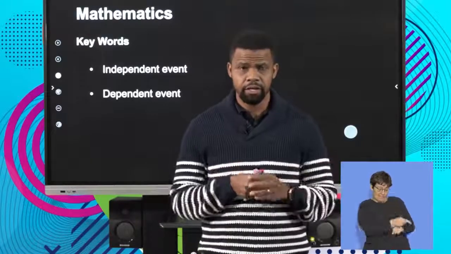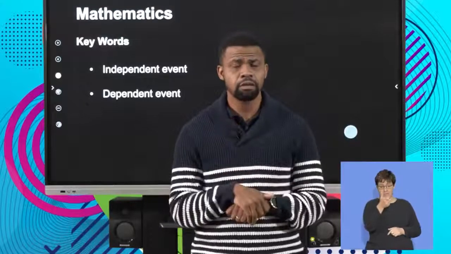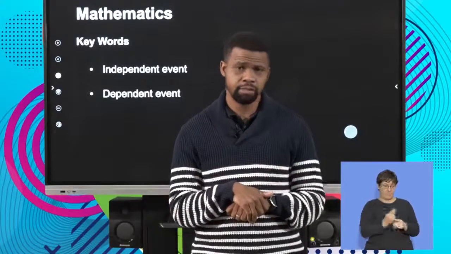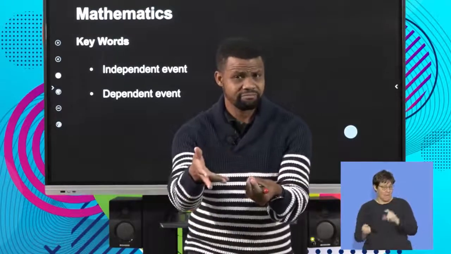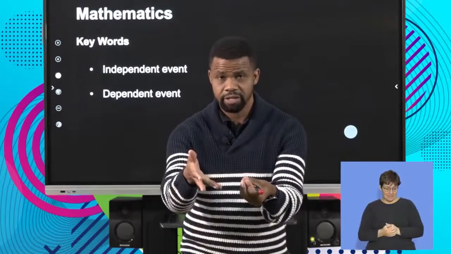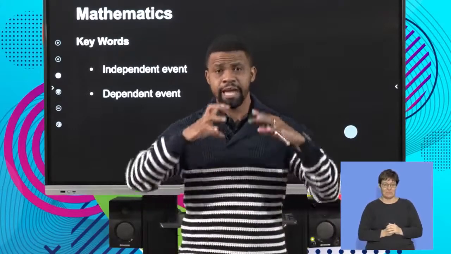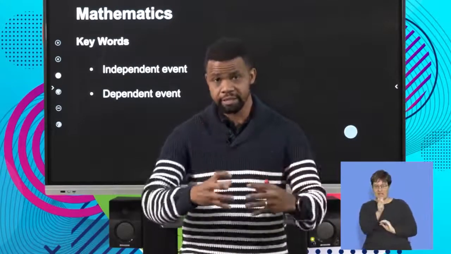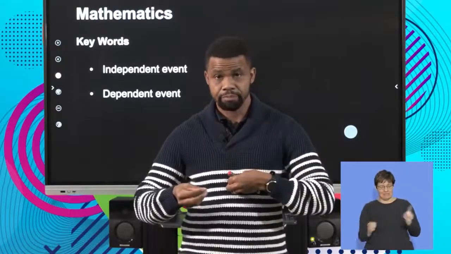Let's look at flipping a coin. If I flip a coin, I get head or tail. Me getting head now, does it affect the next outcome? No, it's not affected by that. Okay, we'll look at actual examples later when we look at dependent and independent events.